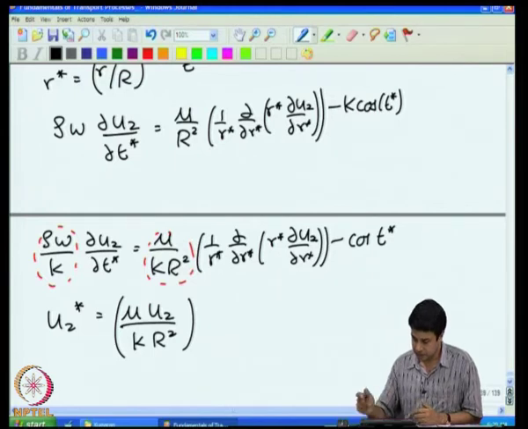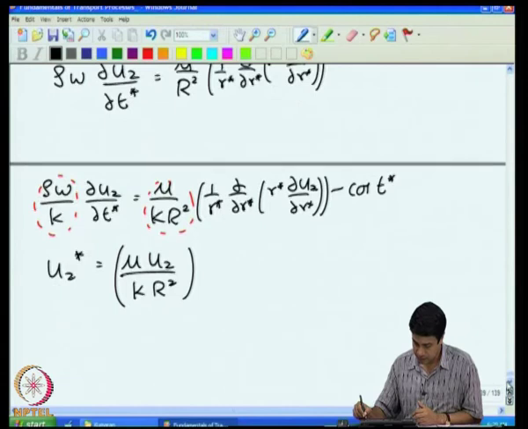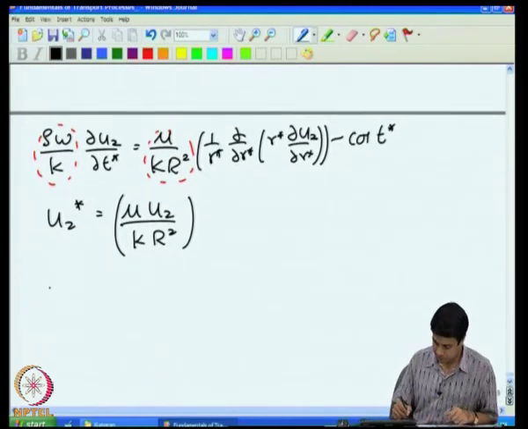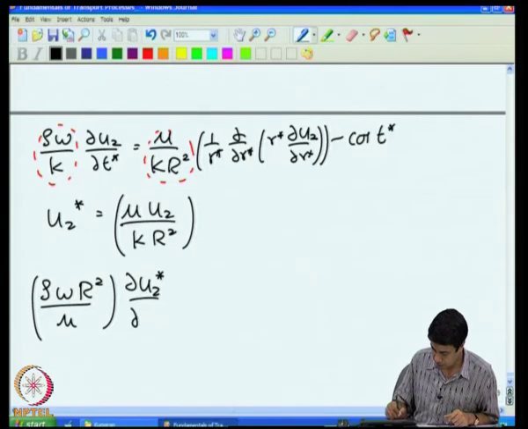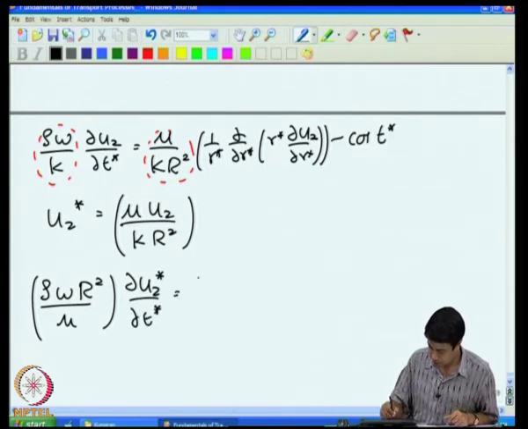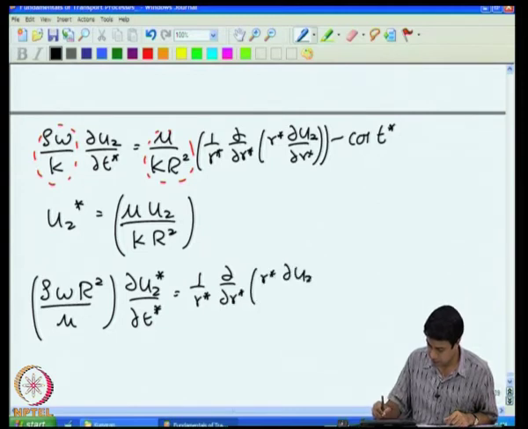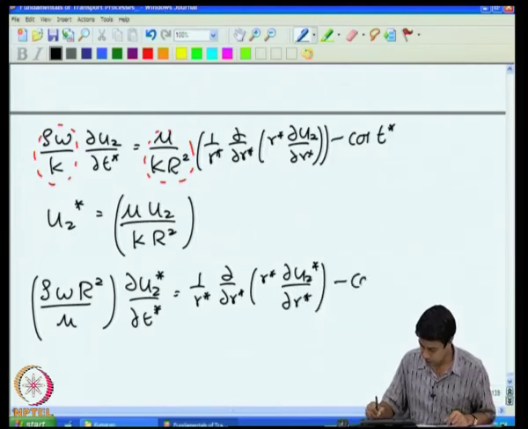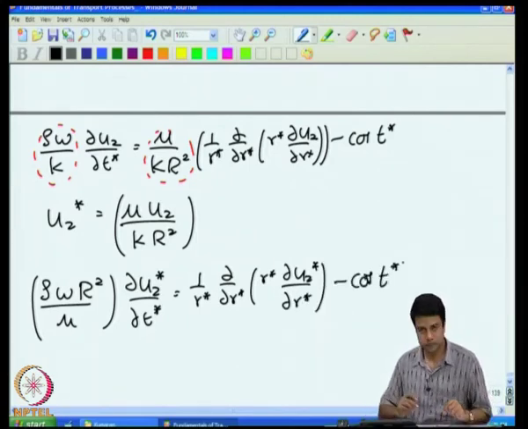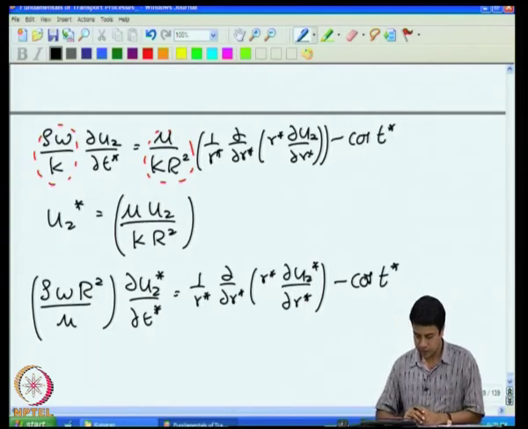So, if I insert this into the equation, I am getting rho omega R squared by mu, du_z star by dt star, is equal to 1 by r d by dr of r du_z star by dr star, minus cos t star.